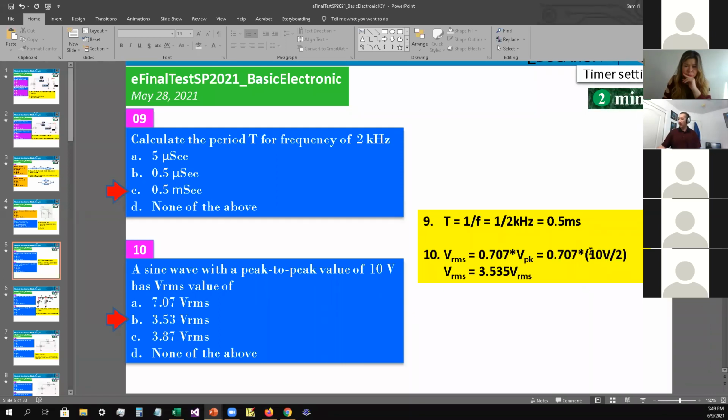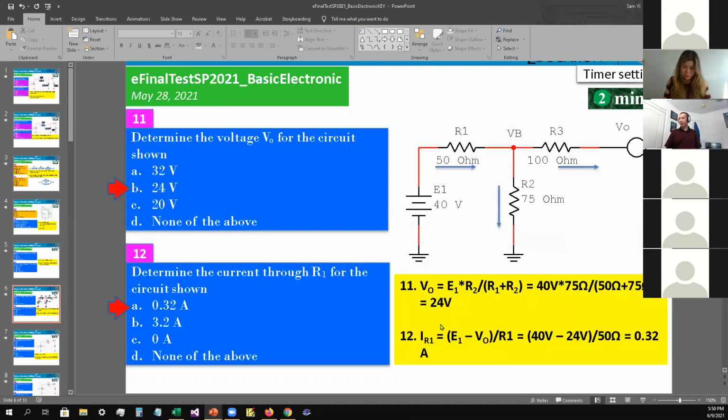Then multiply the peak value by 0.707, and that gives you 3.535 volt VRMS. So the answer is B as in boy for number 10. Okay, you're good? Yeah. Okay, next one.